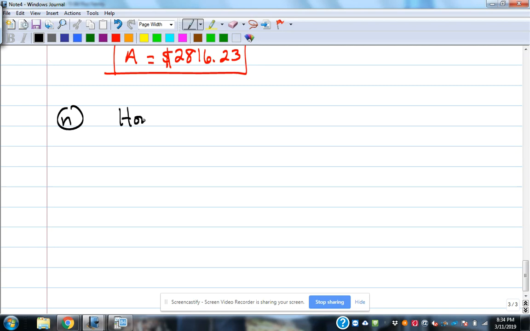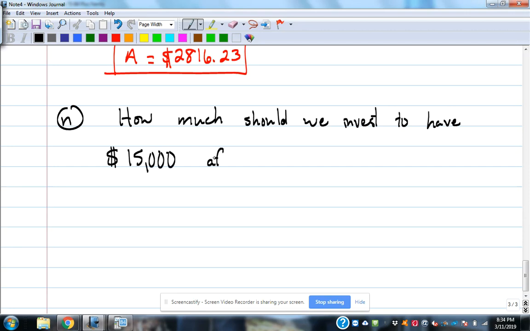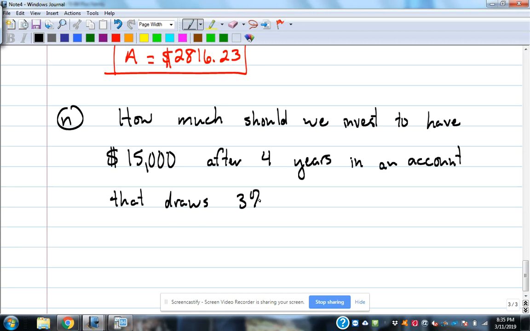All right, so how much should we invest to have $15,000 after 4 years in an account that draws 3% monthly?